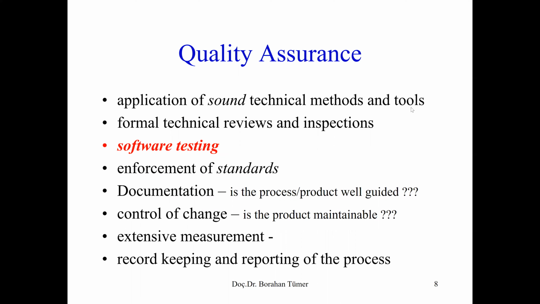So to assure the quality of software, we have to apply sound technical methods and tools in its development and in the entirety of the software process. At the second bullet, we learn that while verifying it, we have to use formal technical reviews and inspections.